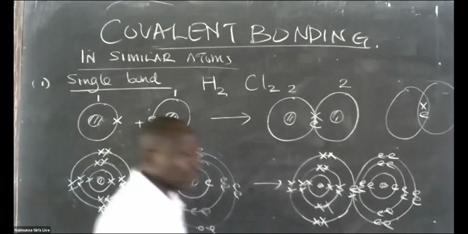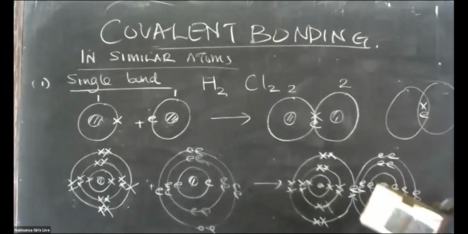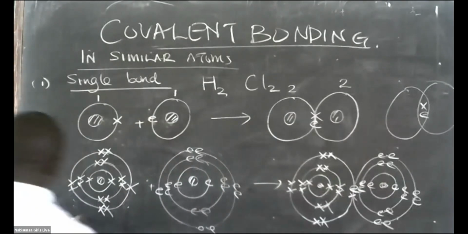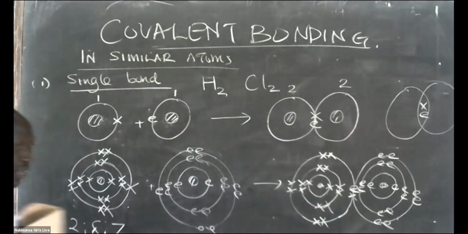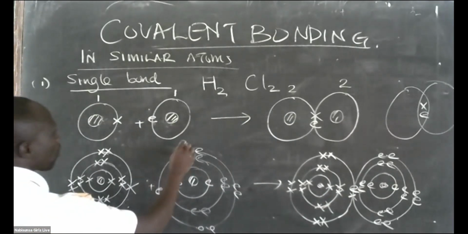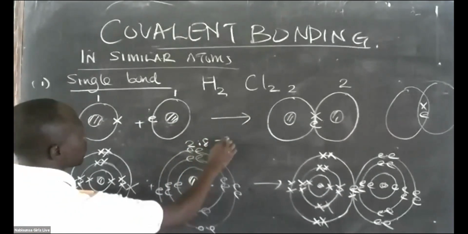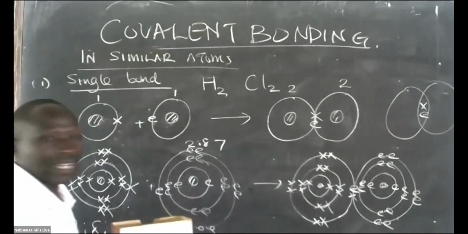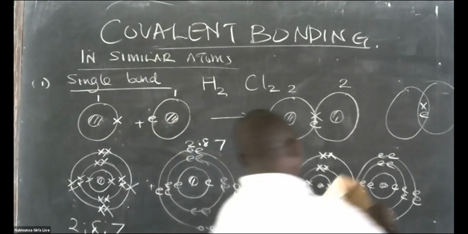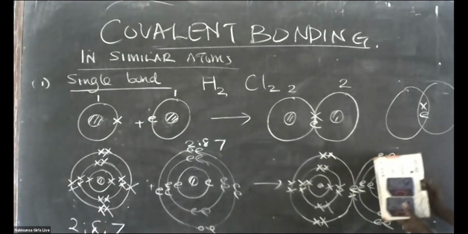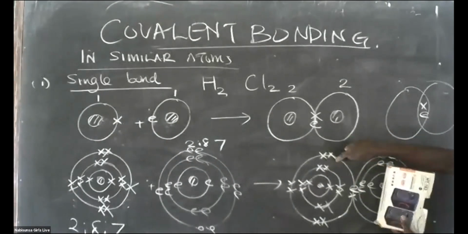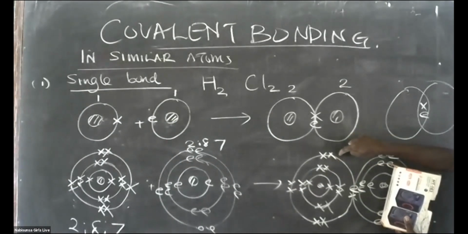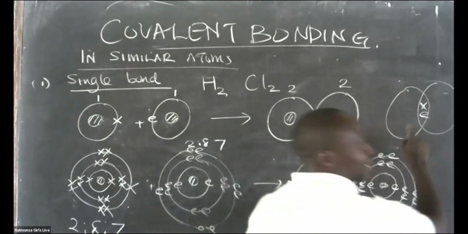So the electronic configuration of this atom alone was 2, 8, 7. This is also 2, 8, 7. What's the electronic configuration of this atom alone when I close this? 2, 8, 8, and 2, 8, 8.